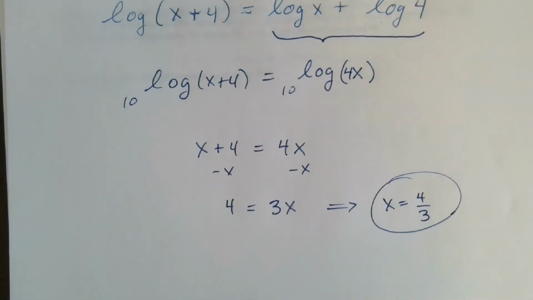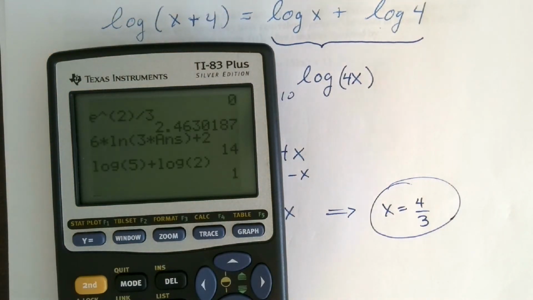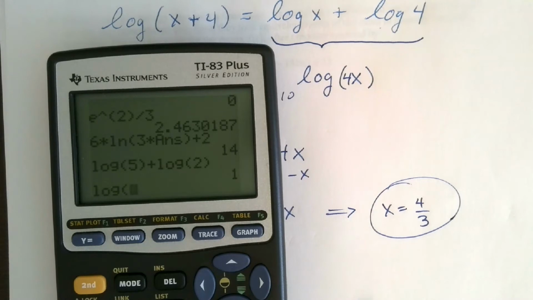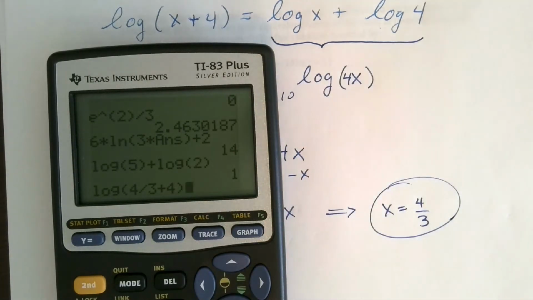This one I can actually check because I have a log button in my calculator. So if I do log of x, and what is 4/3? It's about 1.3. Don't approximate it though. Just write it as 4 divided by 3, plus 4, right? And that's supposed to be equal to this stuff. Let's just see what I get here.